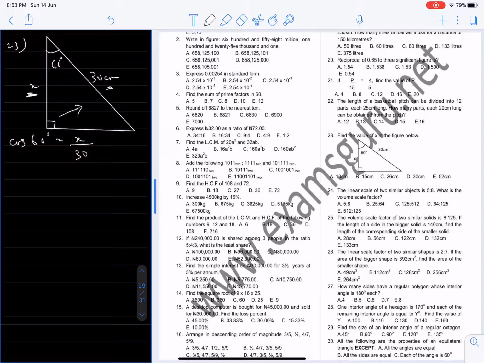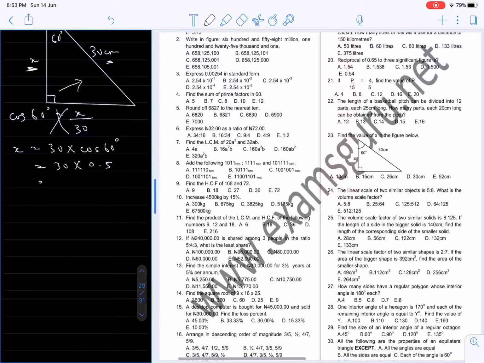We cross multiply, so x equals 30 times cos 60 degrees. Cos 60 degrees is 0.5, so that's 30 times 0.5, which is 15 centimeters. And the correct option is B.